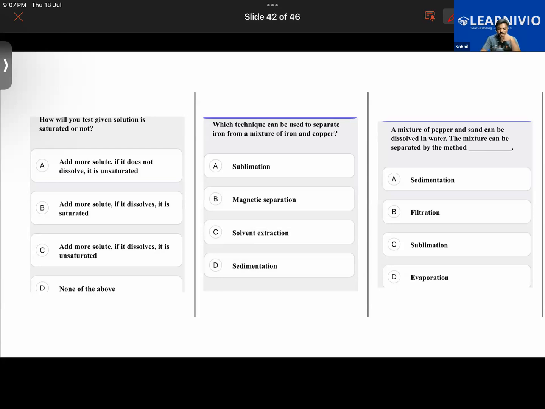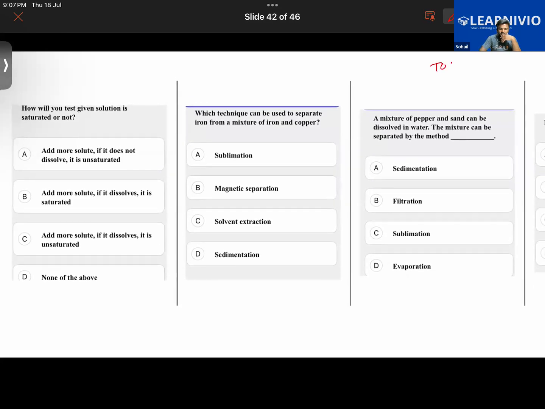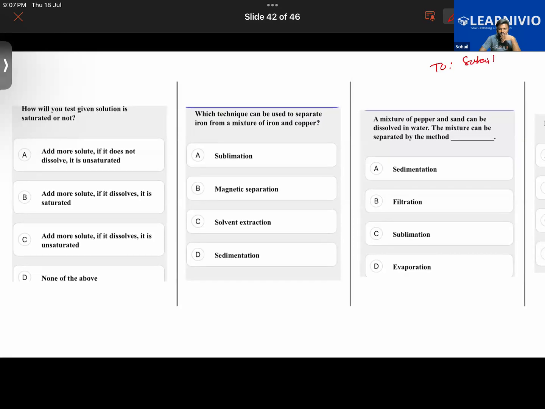You guys know where you have to answer. You have to answer on this ID. Yeah, you have to answer the other questions also. Yeah, Ira, your answer is correct.